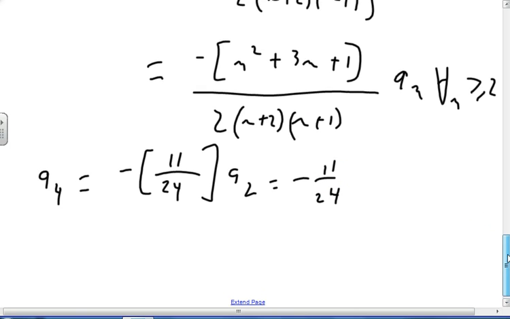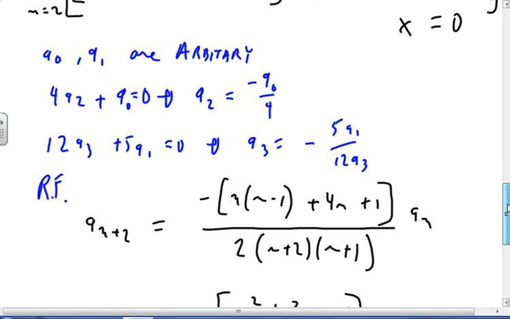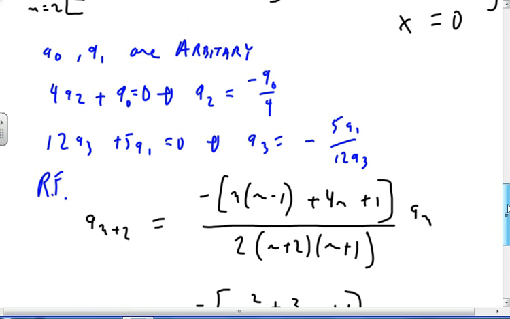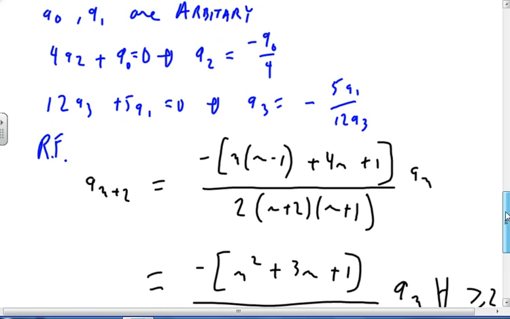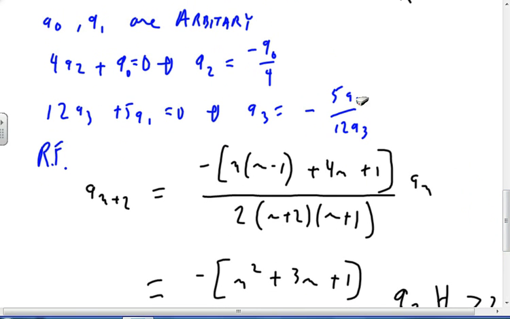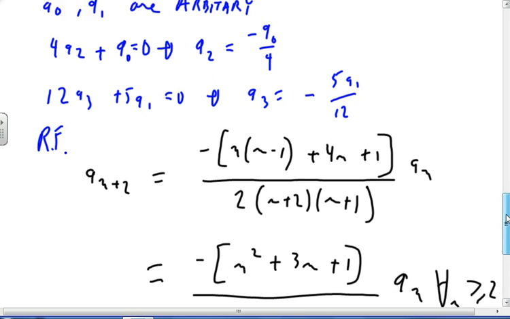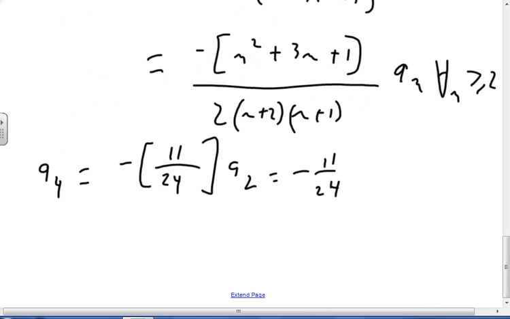times a2, which is minus 5 a1 over 12. What is that doing there? Minus 5 a1 over 12. Oh wow, that's minus 55.